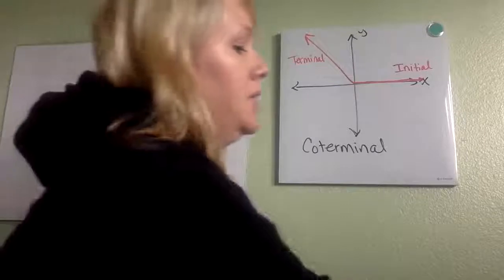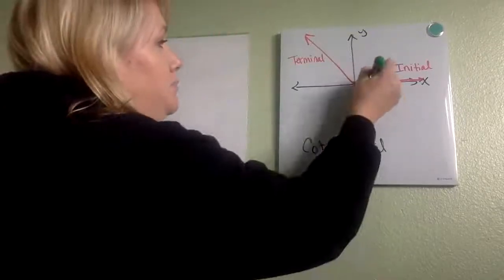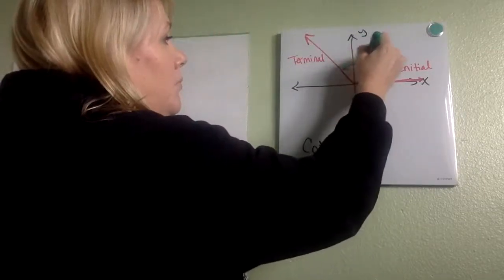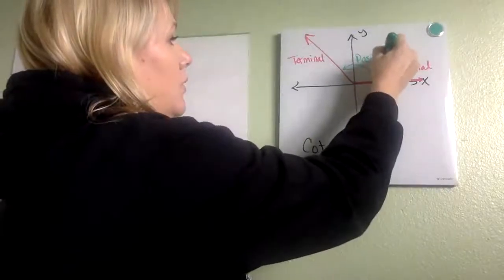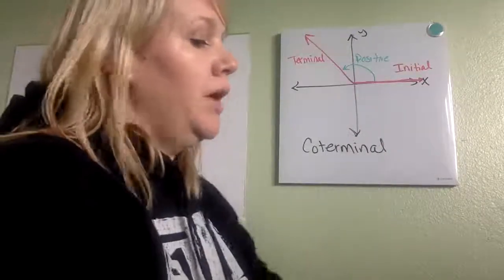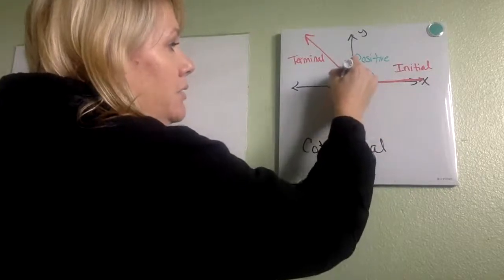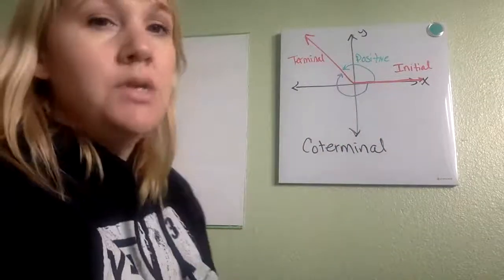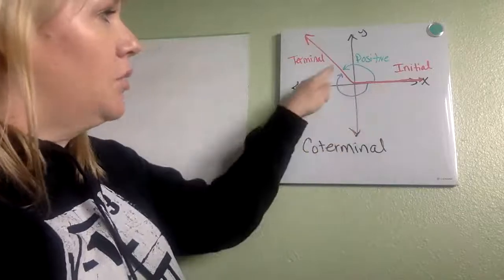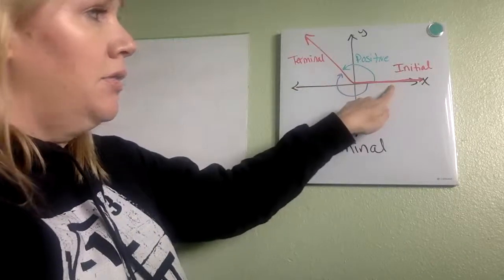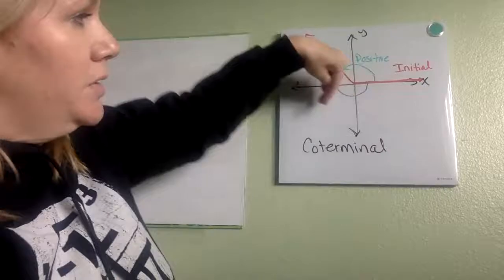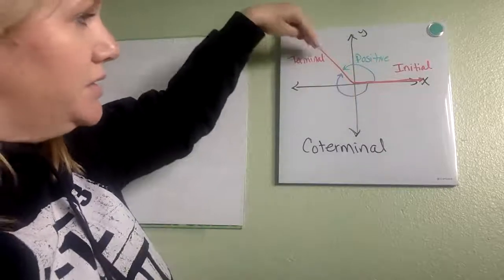So this is a positive angle opening in this direction. An example of a coterminal angle would be an angle that opens in the other direction and lands in the same spot. So if I open the angle this way, from the initial side, it swings open, around, and stops in the same position.